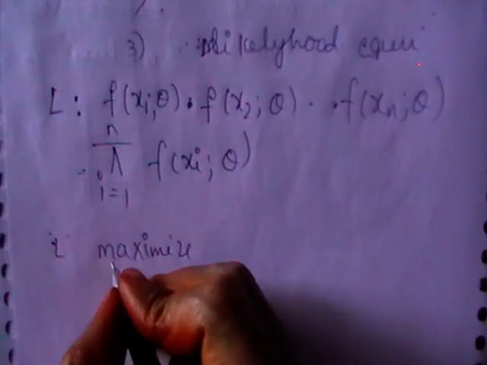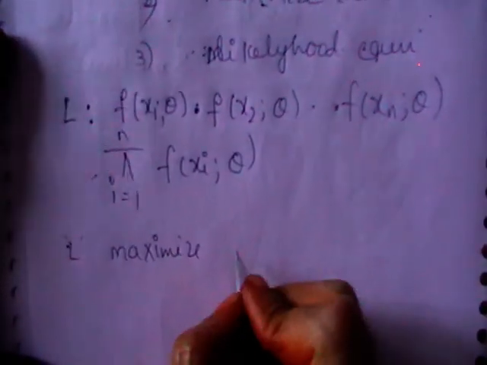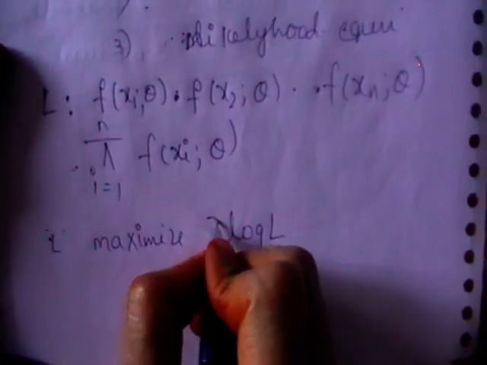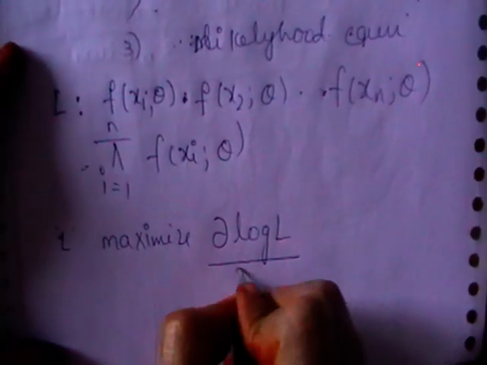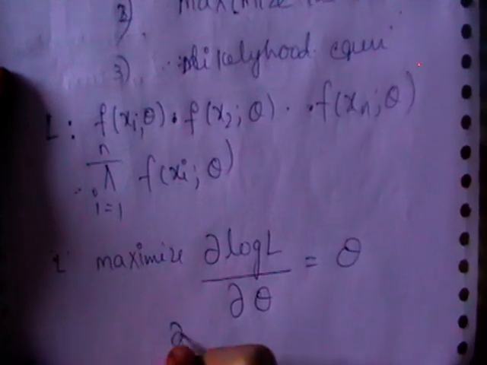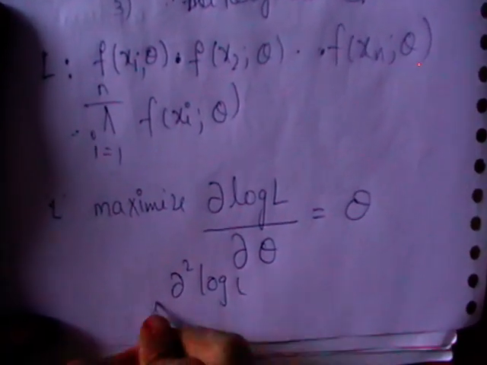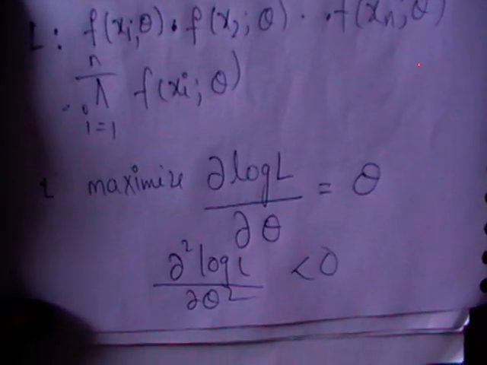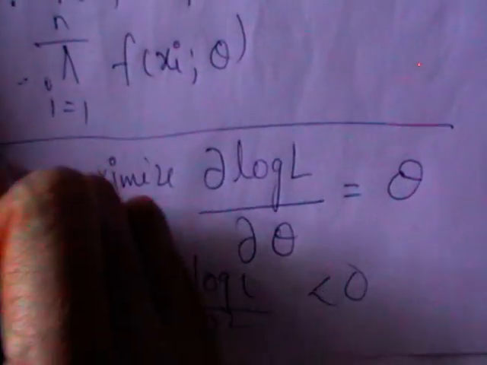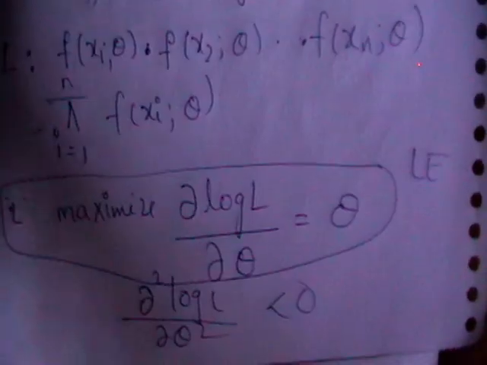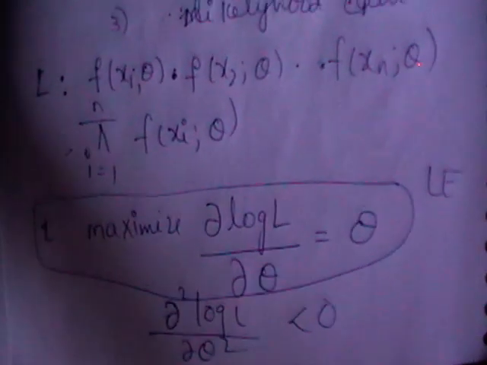So instead of maximizing L, for simplicity we maximize log L. Maximization involves taking the partial derivative of log L with respect to the parameter: dou log L by dou theta is equal to 0. How do you maximize a given function? The first derivative should be equal to 0 and the second derivative should be less than 0. This is called the likelihood equation. By solving the likelihood equation, we will find the estimator.